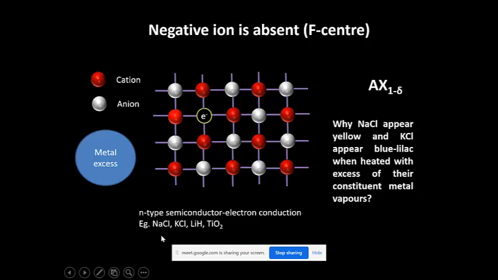Examples are heated sodium chloride, potassium chloride, lithium hydride, and titanium oxide. These defects are seen in such oxides and salts. You understand which is oxide, which is salt, and which is hydride here, right? Hydride is lithium hydride. A salt is a product of an acid and a base. So here it is a salt, here it is a salt, this is an oxide, and this is a hydride.